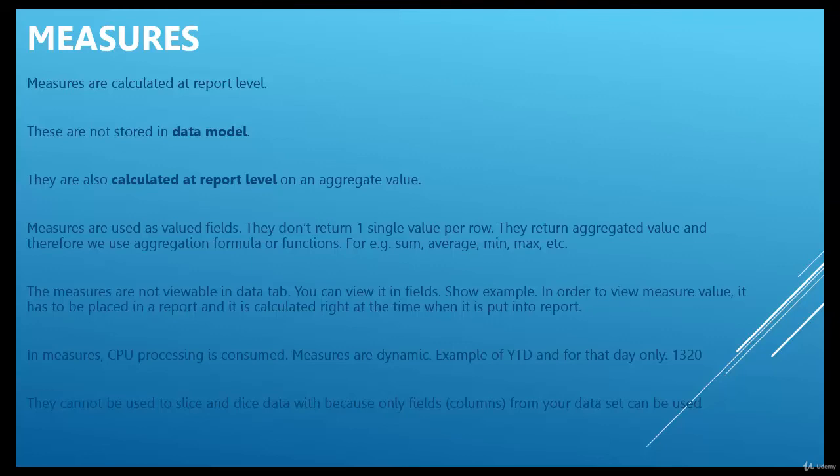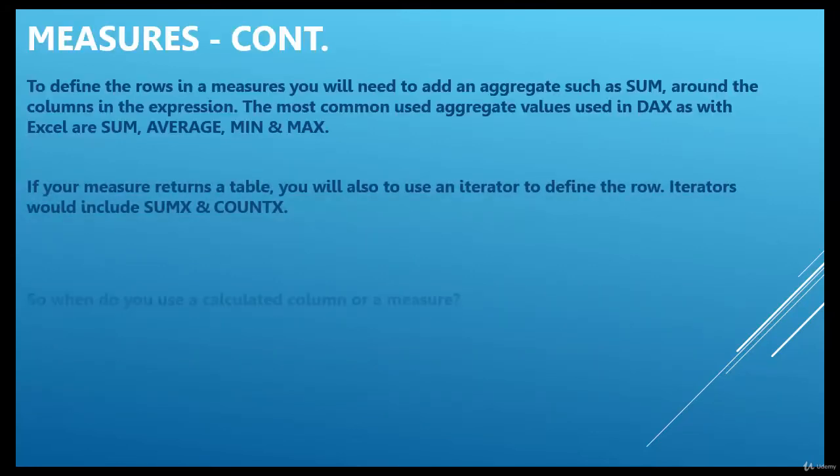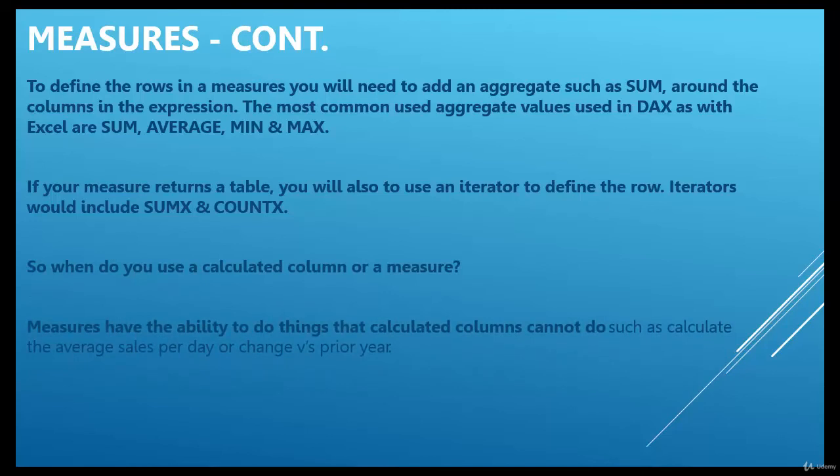There is a report view, data view, and model view. Within data view, when a measure is created, it would not be visible there. But when a calculated column is created, it would be visible there. Now let's continue. Some of the most commonly used measures within DAX are SUM, AVERAGE, MIN, and MAX. And if you are looking to iterate data row by row within the measures, we can use SUMX and COUNTX to create the table.